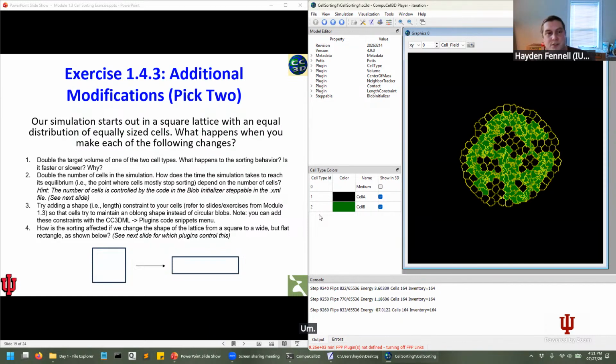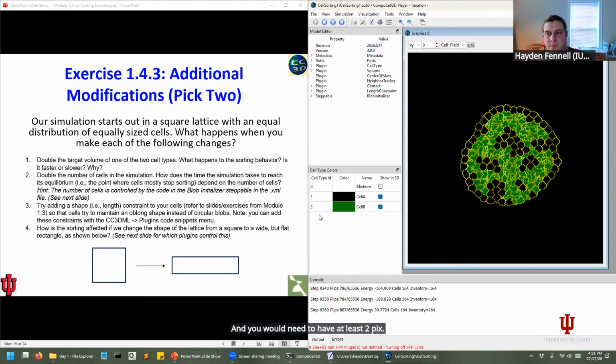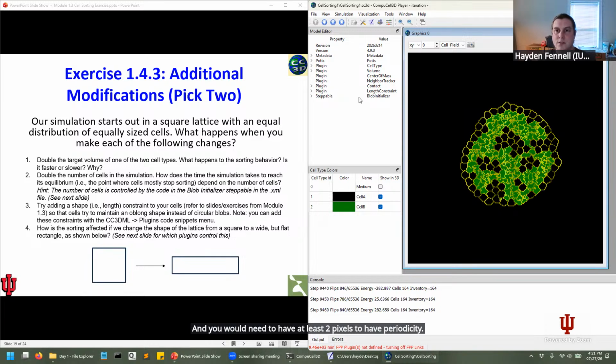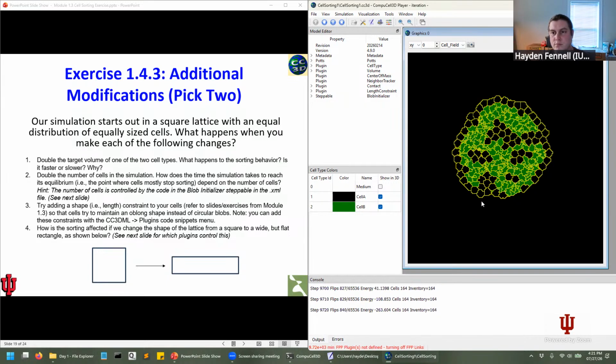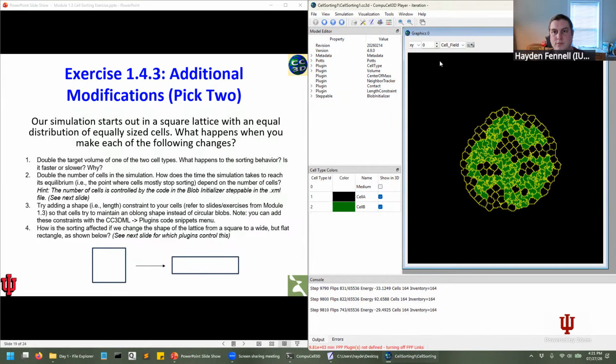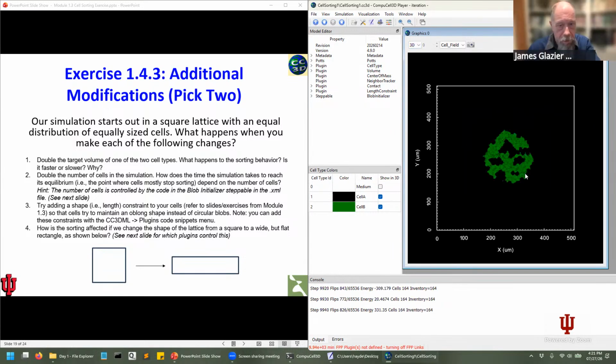And you would need to have at least 2 pixels to have periodicity. These are great questions.